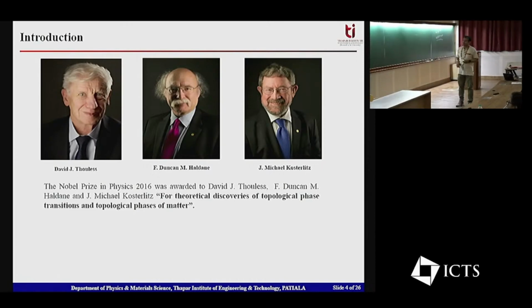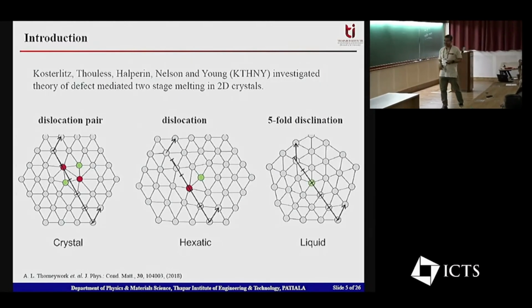Defect-mediated melting means that in 2-dimensional systems, at finite temperatures, there is no perfect positional order. At very low temperature, you might have a crystal, but that crystal is not perfect. There are always these defects called dislocations.